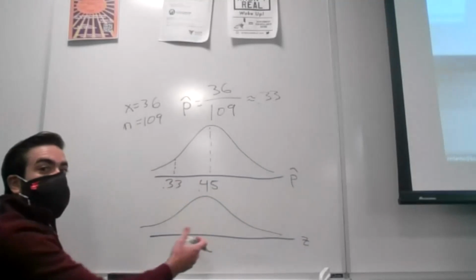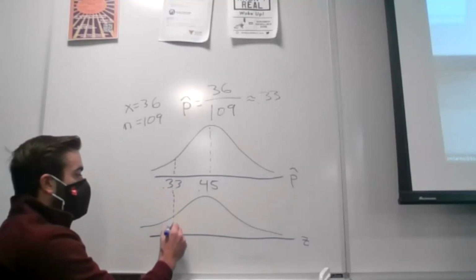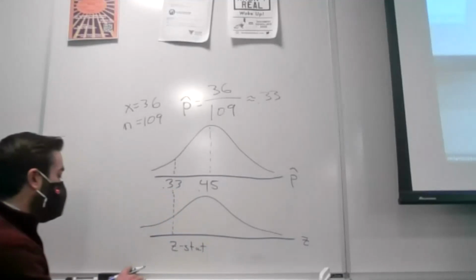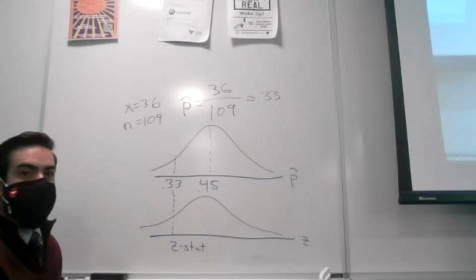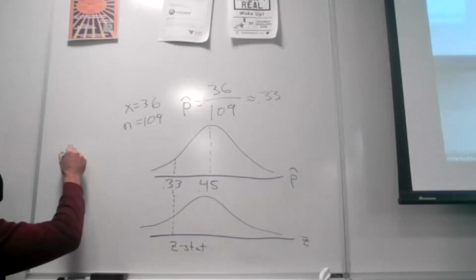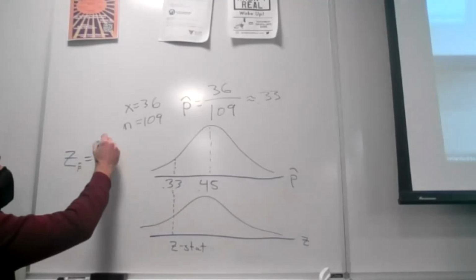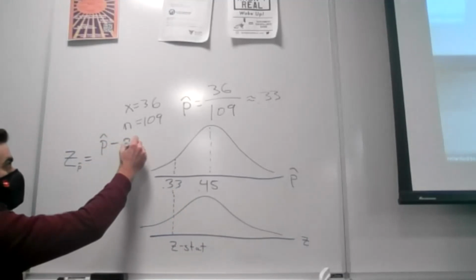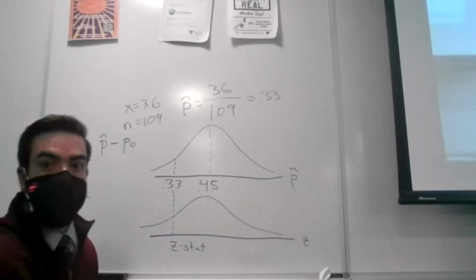So I want to turn this into a standard normal distribution by turning that sample proportion I found into a test statistic, or because it's coming from that standard normal distribution, into a z-statistic. So how do I do that? Well, one of the equations we talked about last week was, if I have this sample proportion, I'll take the value I found from my sample proportion, subtract the assumed true proportion, which came from my null and alternative hypothesis.